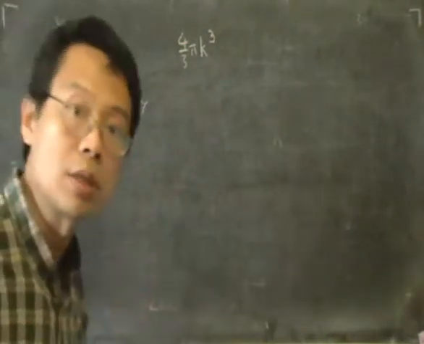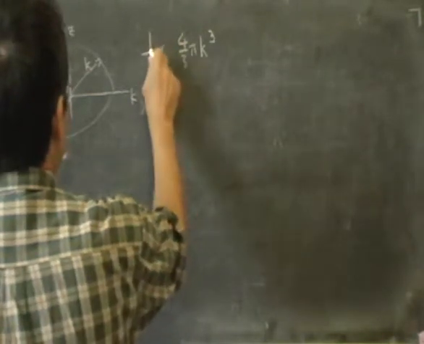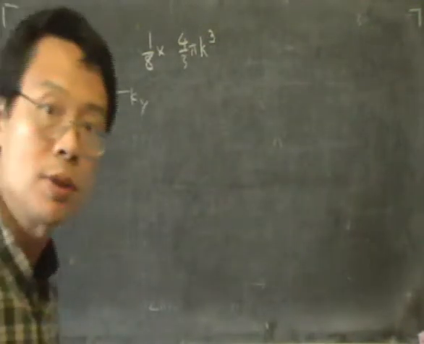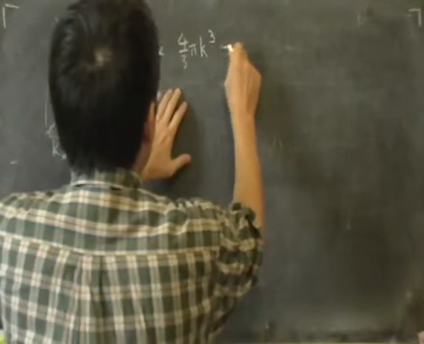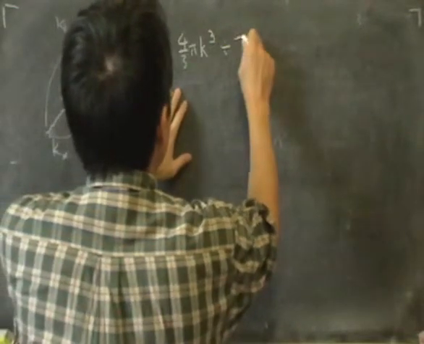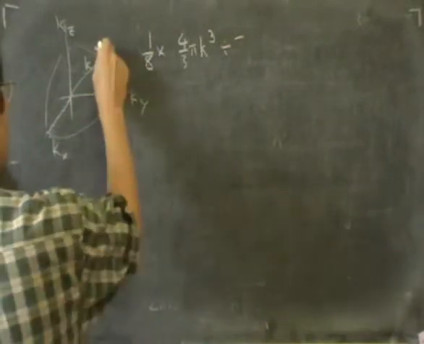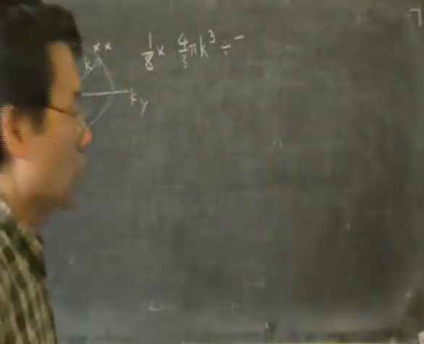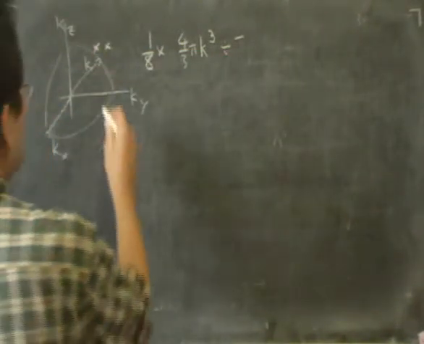4/3 pi k cubed, multiplied by 1/8 because we only need to consider the positive k components, and then divide by the volume associated with each point, each allowed set of k components in the k space, right?